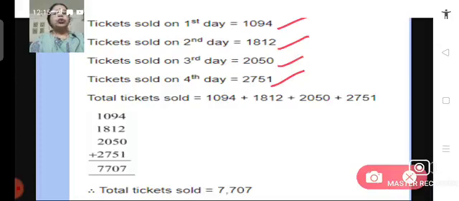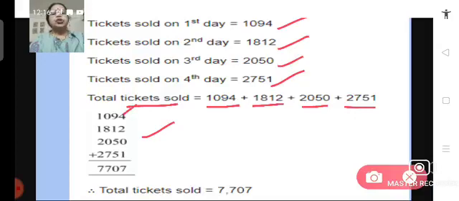So what will be the total tickets sold? It will be 1094 plus 1812 plus 2050 plus 2751. So to add these numbers, we arrange them in columns and start adding from the ones place.